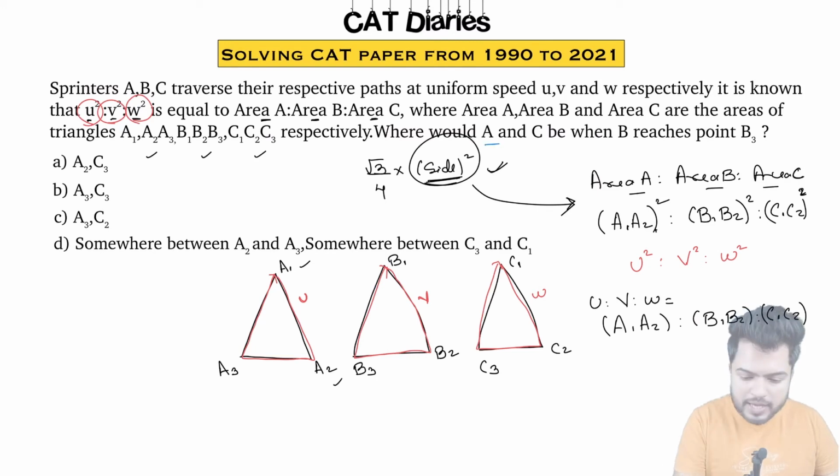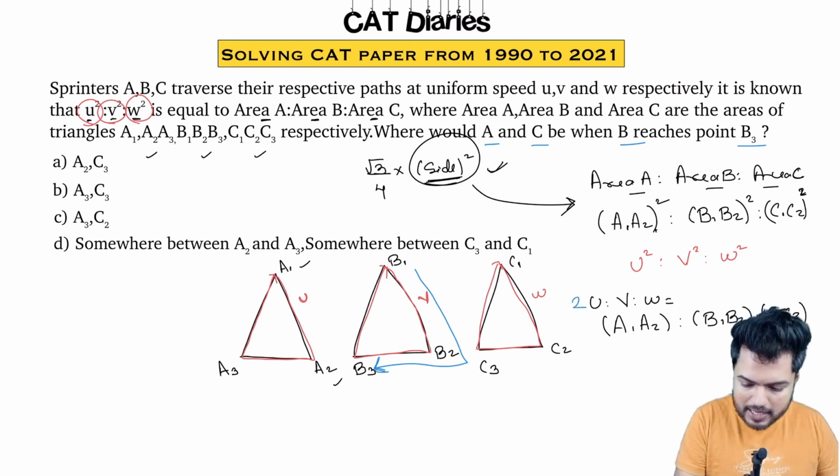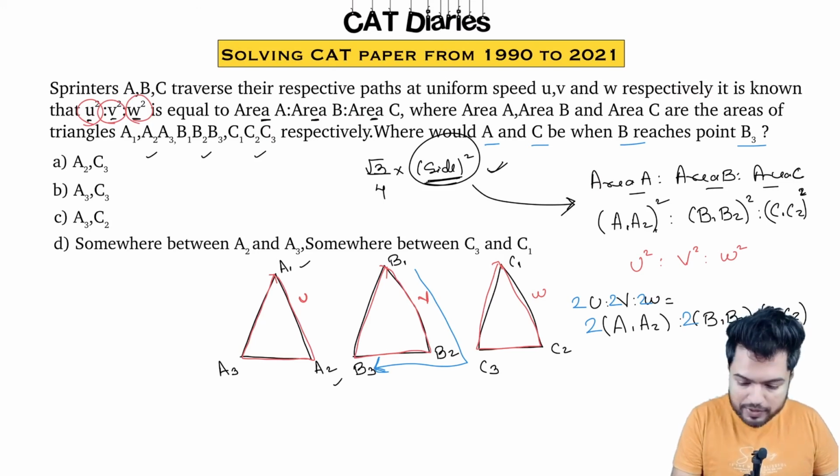Where would A and C be when B reaches point B3? So for B to reach point B3, it will have to travel like this. Right, so let's say I multiply this entire thing by 2, so this becomes 2, this becomes 2, this becomes 2. So this is 2A1, A2.